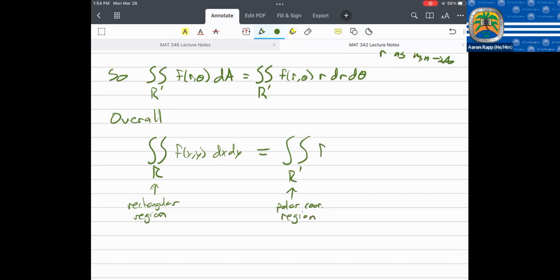But then I need to make sure that I change that function to be in terms of the polar coordinates based off the relationships we found between x and y. And then multiply it by an r. And then integrate with respect to r and with respect to theta.